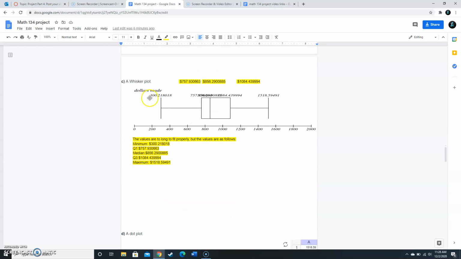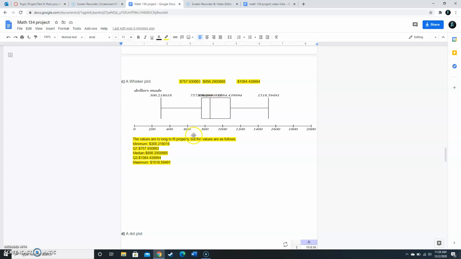My whisker plot, my numbers were very large, so the middle got a little skewed, but I have them down here. The minimum value, as you can see, was $300.218018 million. My Q1 was $757.930663 million.